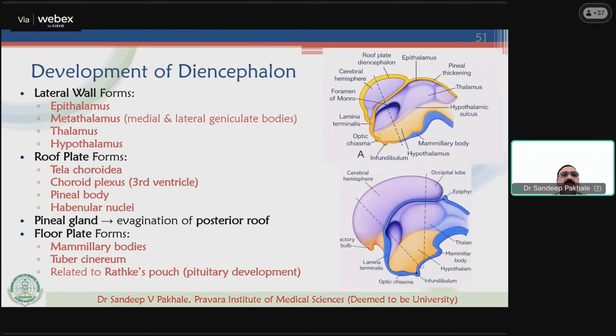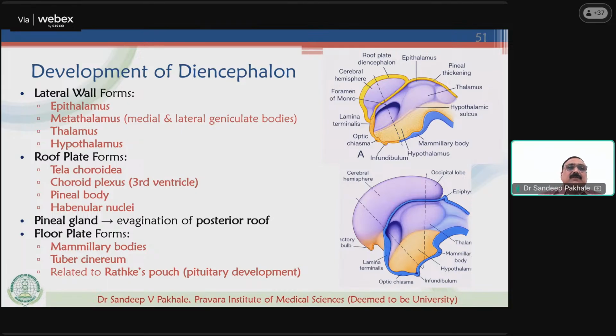Now, coming to the development of the diencephalon. There are three regions: lateral wall, roof plate, and the floor plate. The diencephalon can be understood based on its lateral wall, roof plate, and floor plate derivatives.